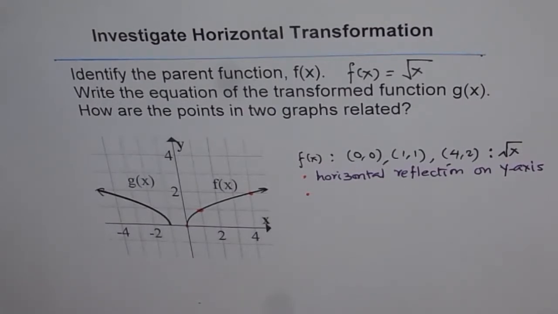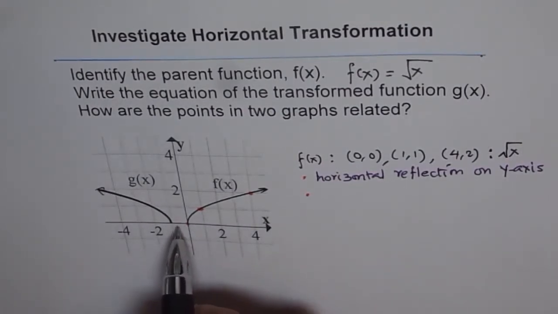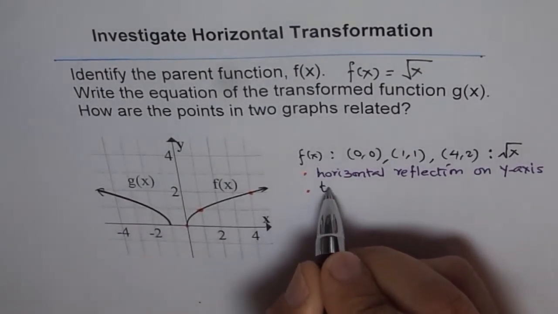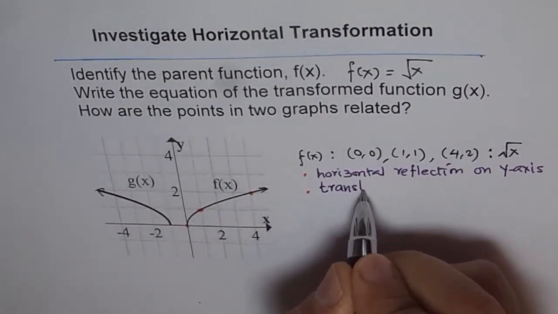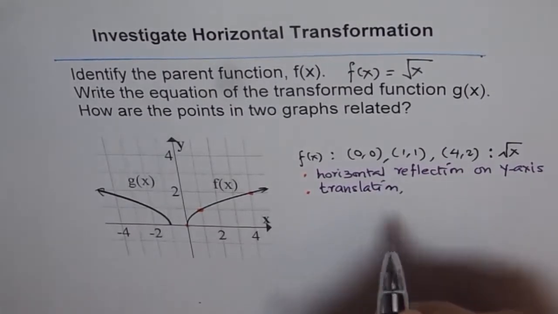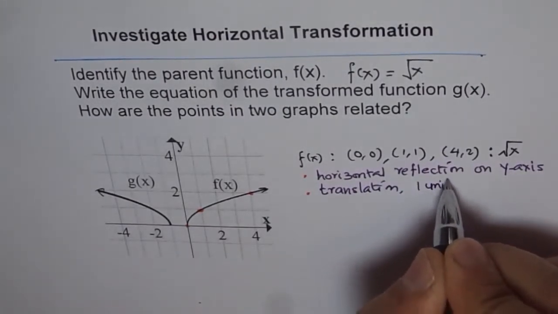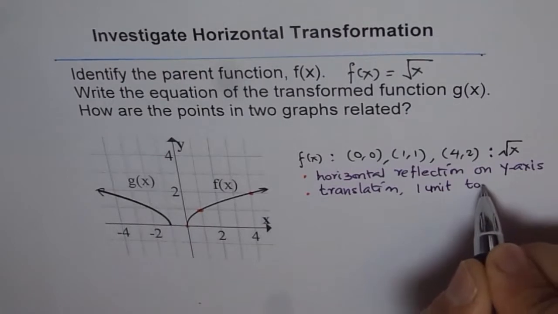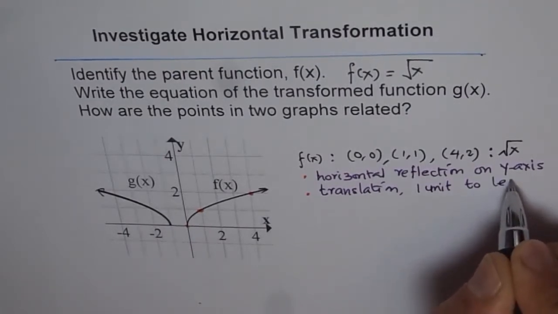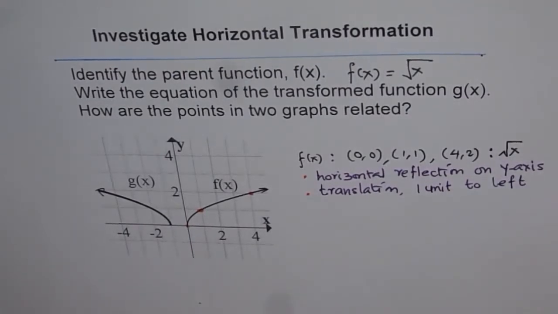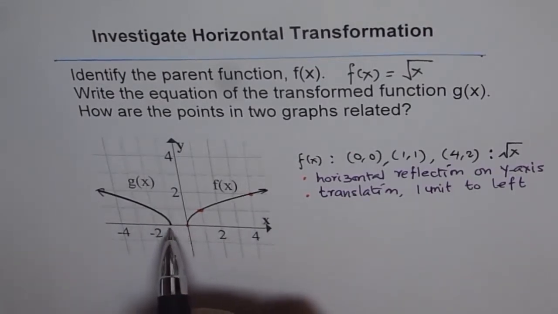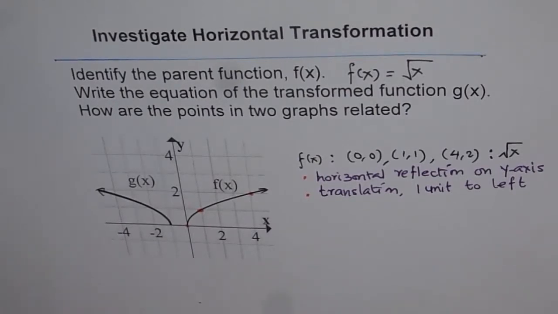Second thing which we note is a translation of one unit towards the left. So it is a translation of one unit to the left side. So these are the two transformations which we notice.